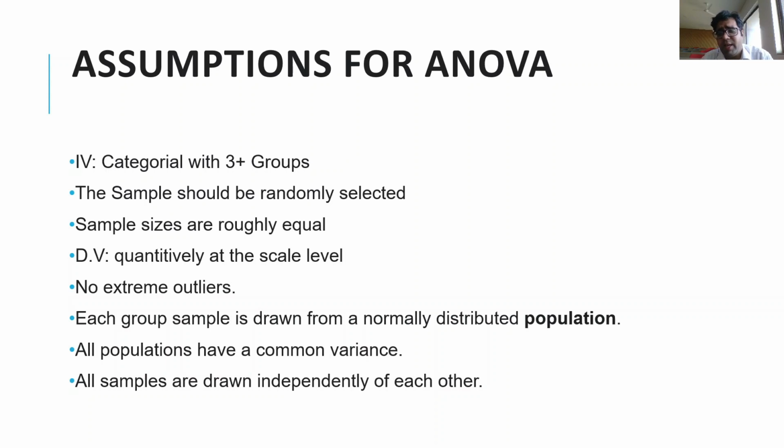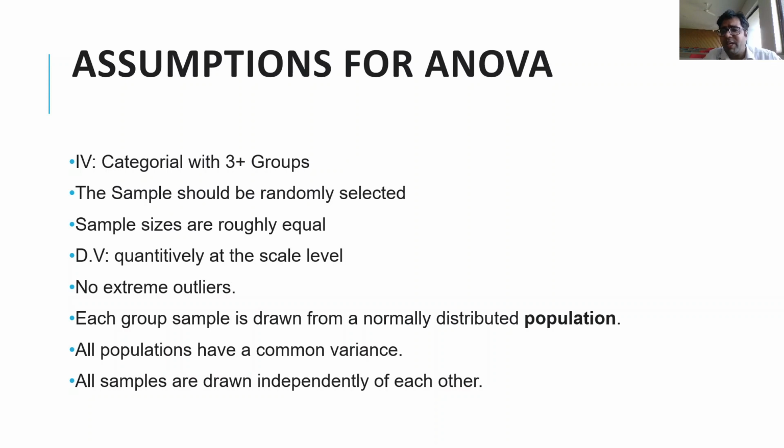Extreme outliers directly affect the mean, and we are doing a test on the basis of means, trying to find the variances. So if there are more outliers, that would definitely affect the study, and that's why there should be no extreme outliers. Each group sample should be drawn from a normally distributed population.